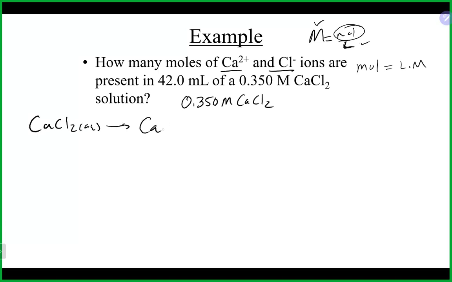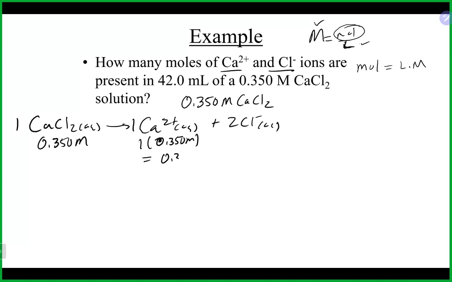It should break apart into a calcium ion and two chloride ions. That means that if the concentration of the whole thing is 0.35 molar, it is a 1 to 1 relationship between that and the calcium, which means if I take 1 times 0.35 molar, it will tell me it is 0.35 molar calcium ions.